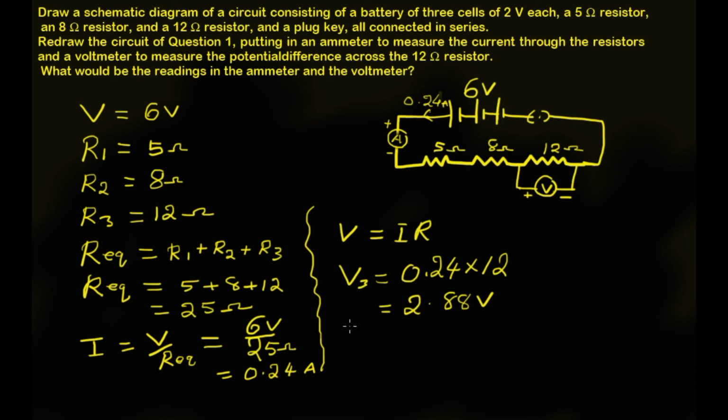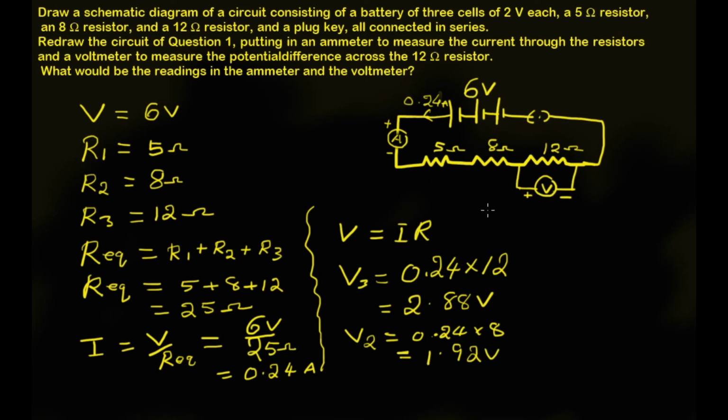If I find it for V2, that is for the 8 ohm resistor, the voltage drop, or the voltmeter reading across the 8 ohm resistor, will be the same current 0.24 ampere into 8 ohm, that is equal to 1.92 volt.